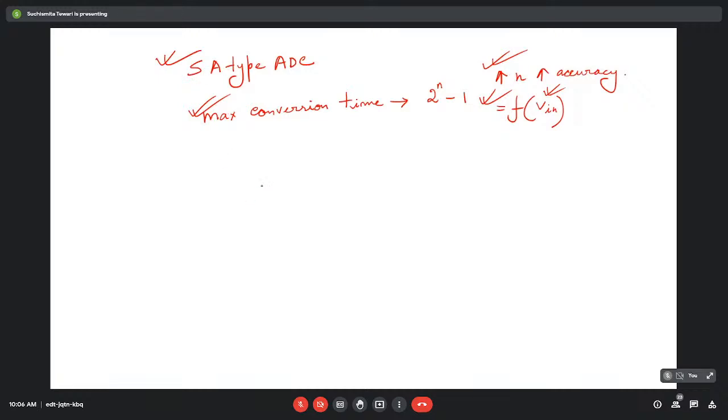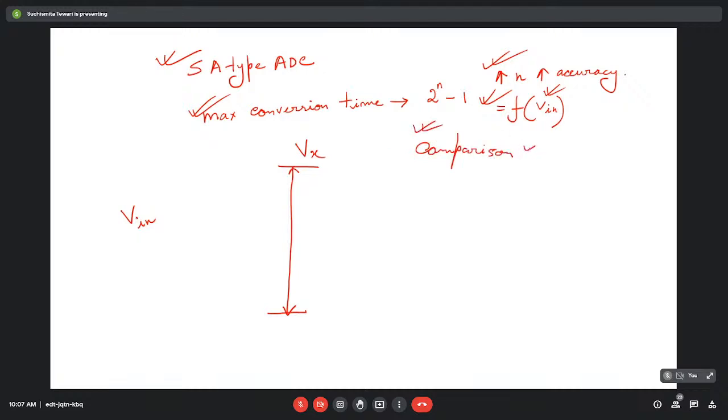So the basic philosophy is, suppose we have got a total range, this is suppose Vx. Now the analog voltage Vin is given. So here also we will use the comparator, that is, comparison has to be done.